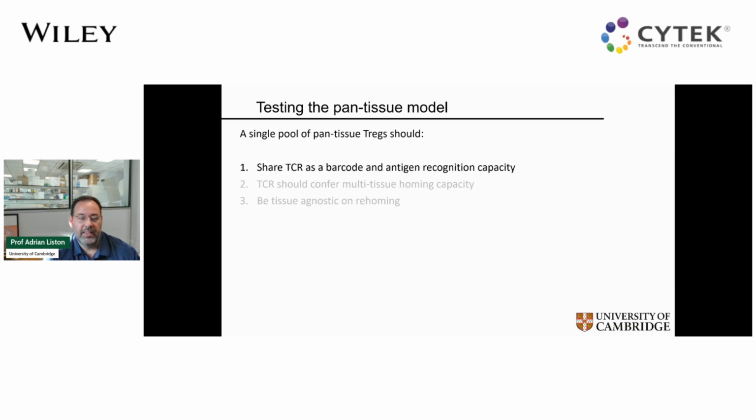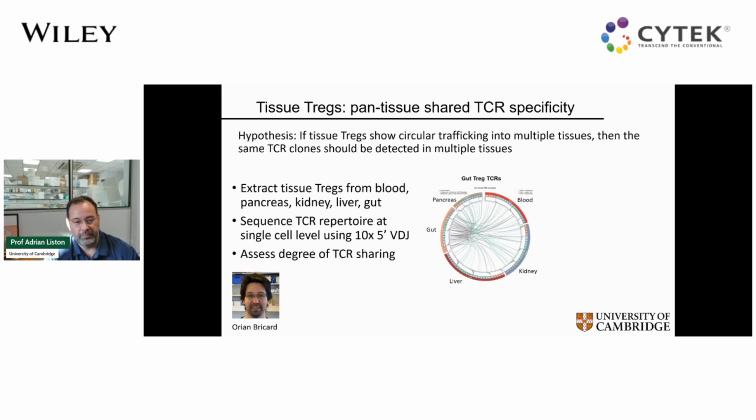So if you are seeing the same barcode in multiple different tissues, you know that that single clone of T cells, or in our case, regulatory T cells, is actually able to enter multiple tissues, so that you can find that barcode across multiple tissues. The way that we tested this was we extracted regulatory T cells from multiple different tissues: the blood, the pancreas, the kidney, the liver, and the gut.